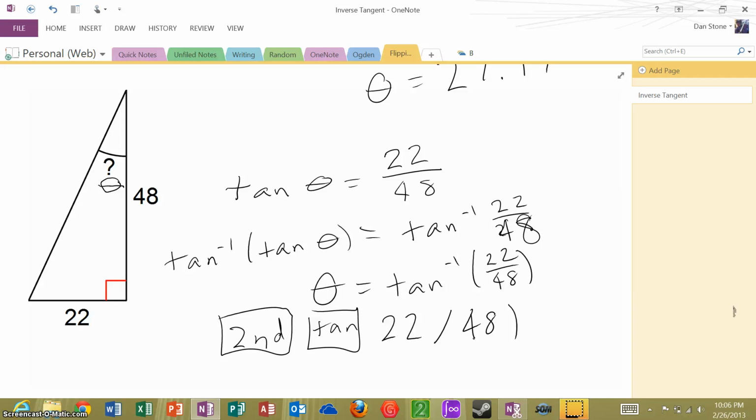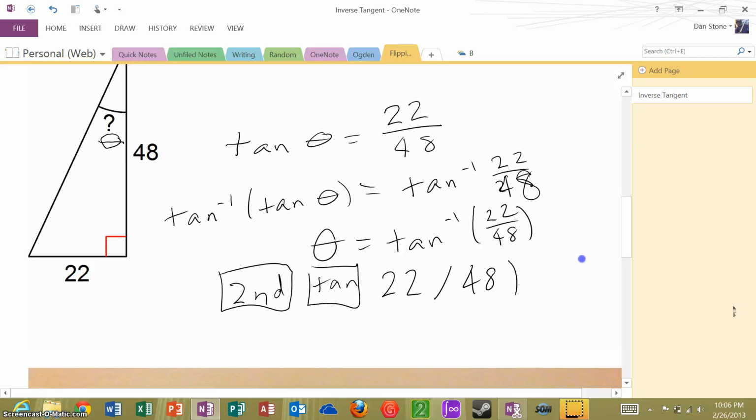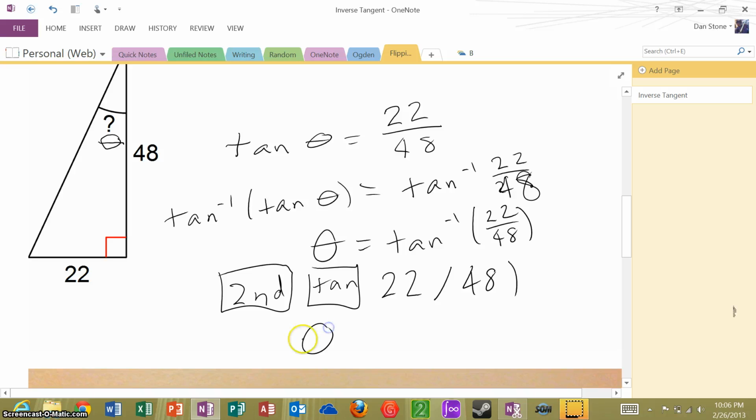Punch that all in, and we should get, what do you get? Theta equals, drum roll, 24.62 degrees, hopefully. All we're doing is taking this inverse tangent to find the measure of this angle in degrees. It's pretty cool. Practice that.